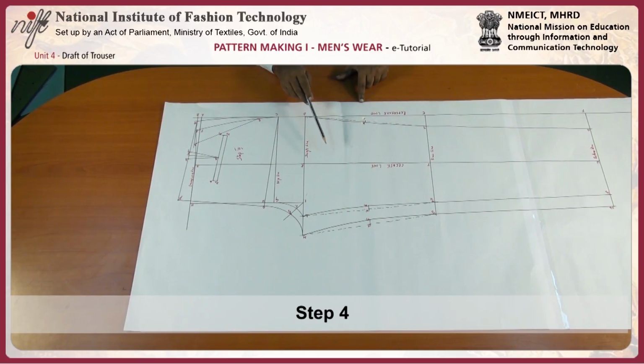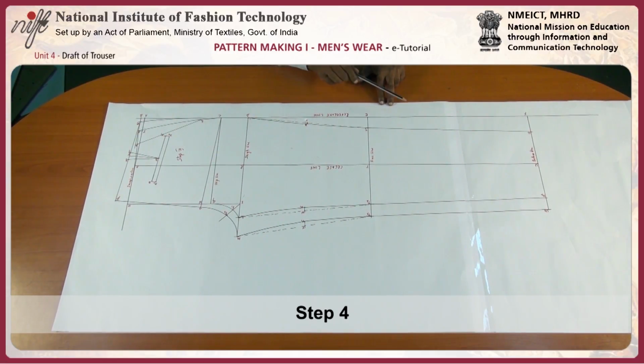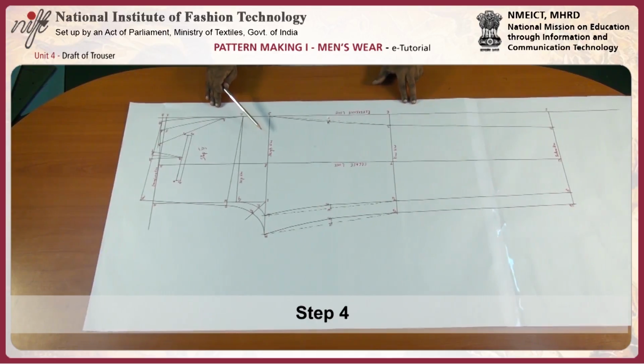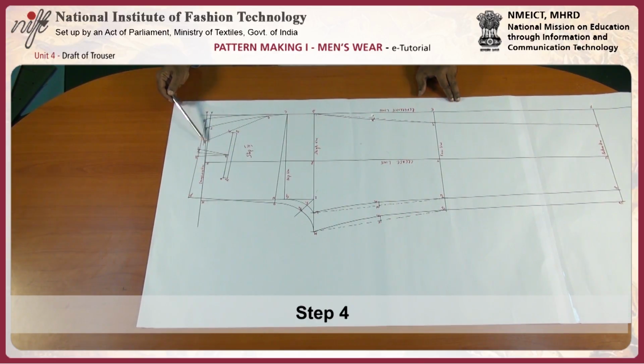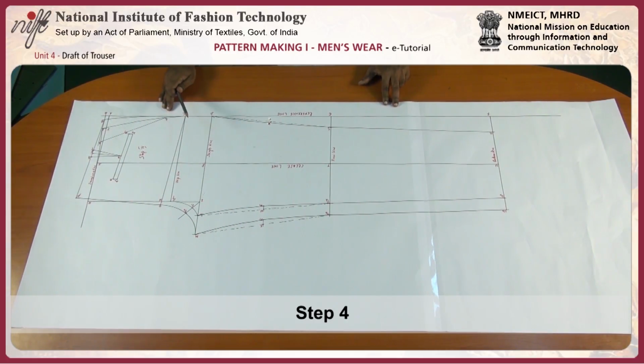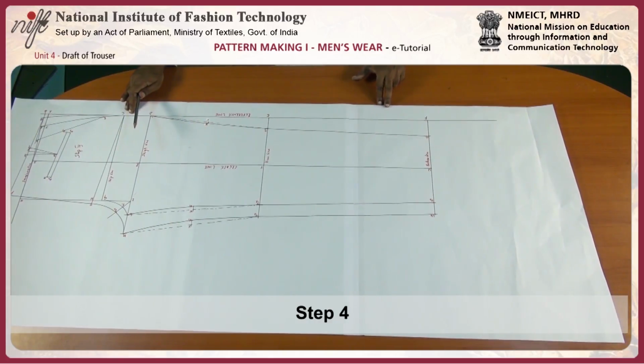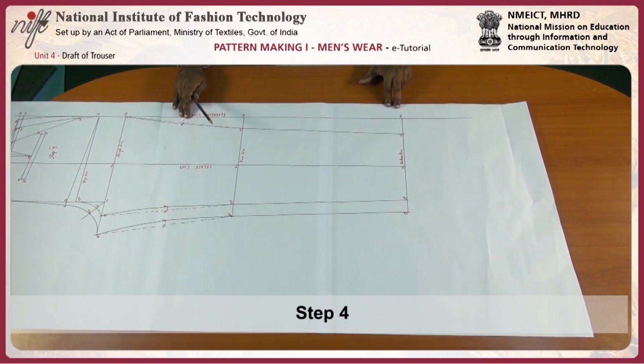The shaping of legs of front clearly gives the shape of the front leg pattern and back leg pattern, along with the hip pocket placement in the back leg and diagonal pocket placement in the front leg. With this, we are completing the draft and moving to separate these patterns using a technique called tracing and separation.